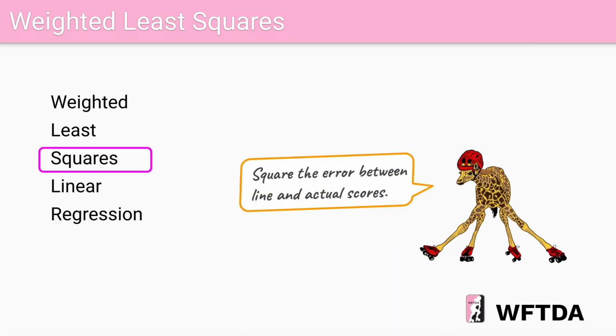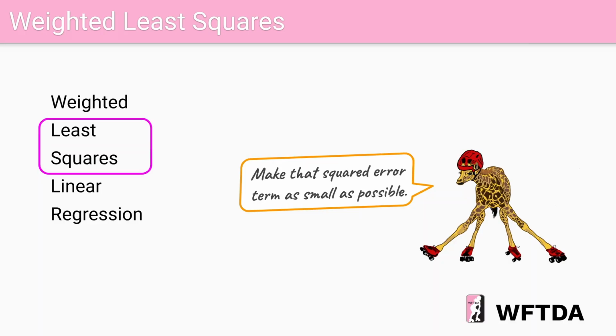Least squares is also a fancy sounding term, but it just means you check how far off your line was from each real data point, and then square the error value. Squaring, by the way, in math is often used to get rid of negatives, and it also boosts the signal a little bit. So the best fit line will be the one where the sum of those squared error values is the leastest, or the smallest.